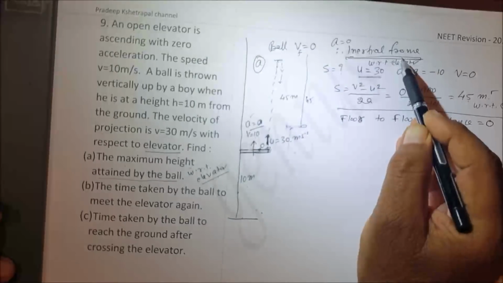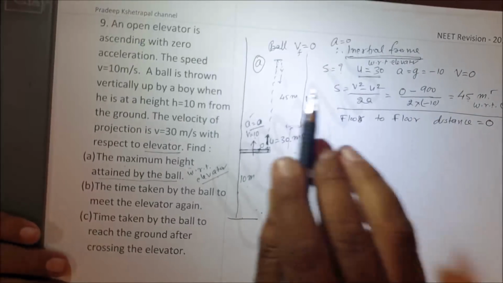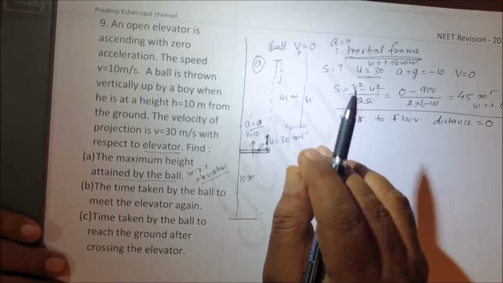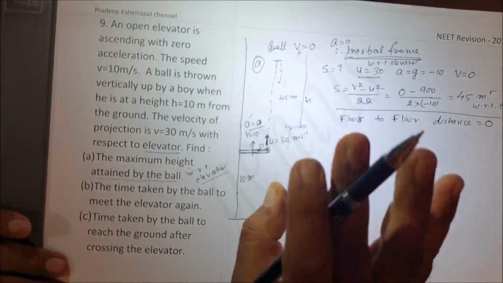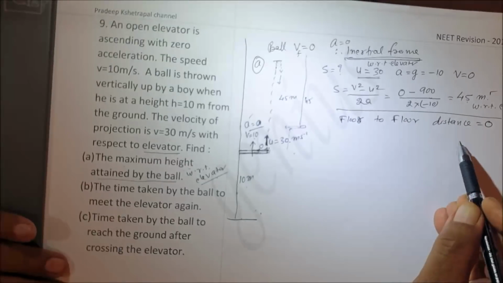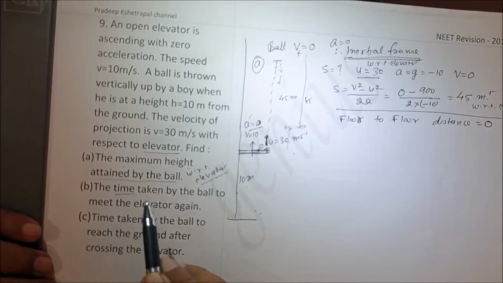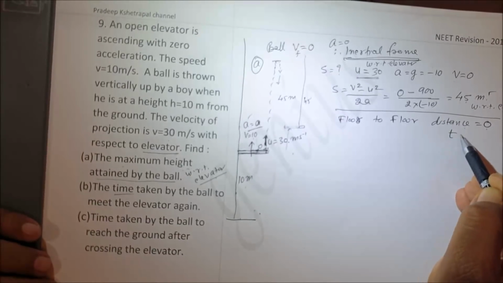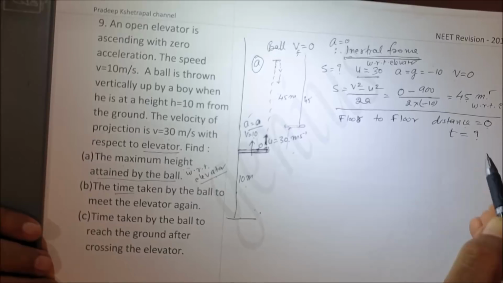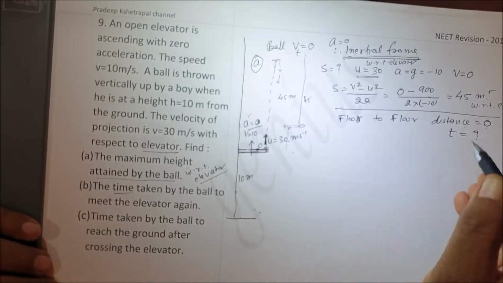So this is an inertial frame. So inside we have thrown the ball up. After some time the ball comes back to our place. So we have to find out the time. So the floor to floor distance is 0. Time taken we have to find out, so we take it as t.